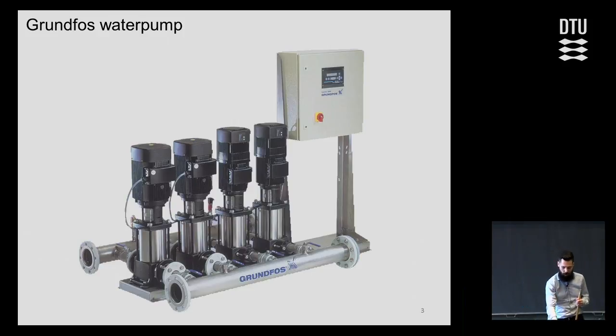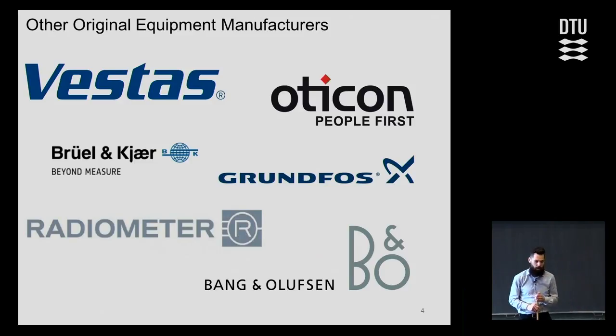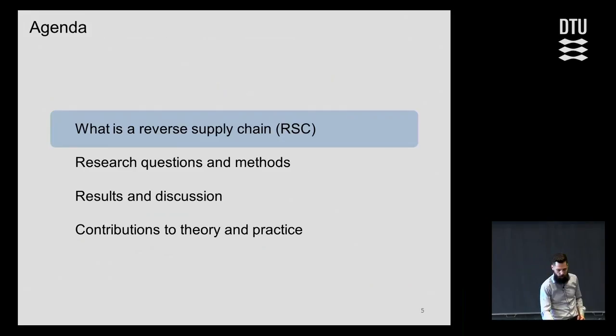Here are other brands of some of the famous companies we have here in Denmark. And as you can see, Vestas and Oticon, they produce products that are very, very different in size. But they are still both original equipment manufacturers. So that tells us something about the vast array of companies within this group.